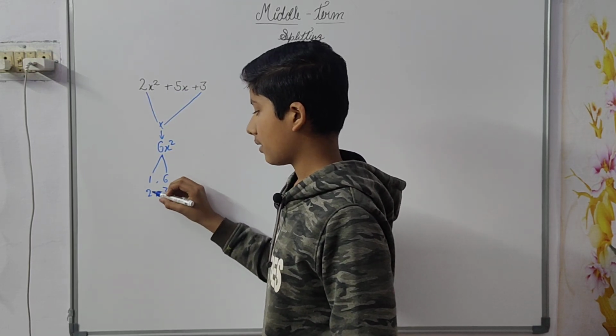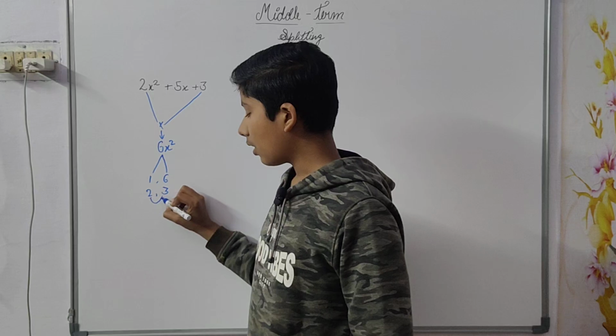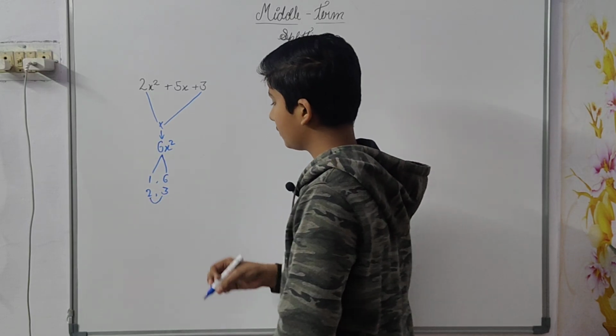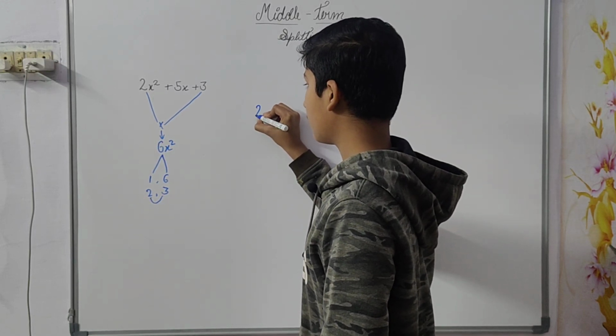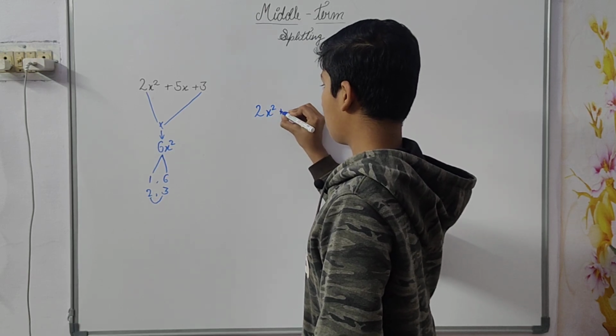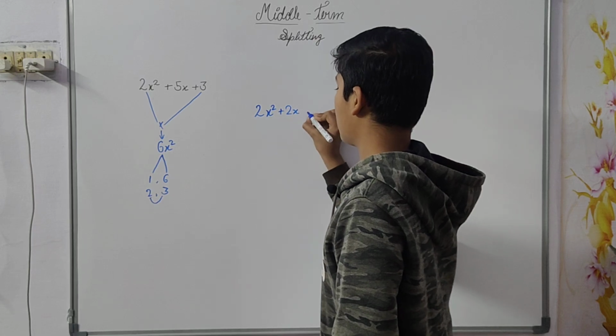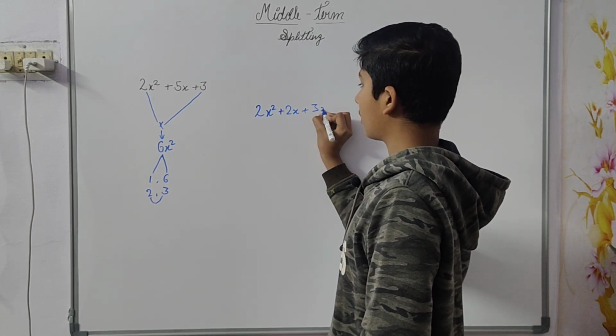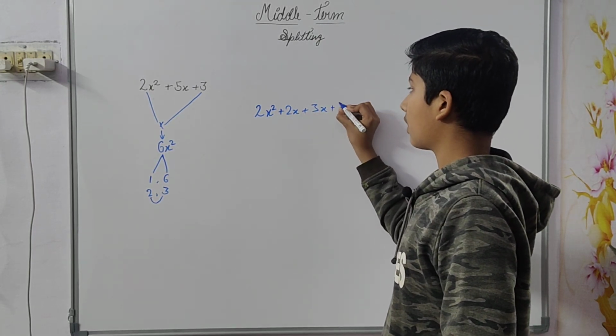So we are getting this, so we will choose these two numbers. Hence, if you write it again, this quadratic equation will be 2x square plus 2x plus 3x plus 3.